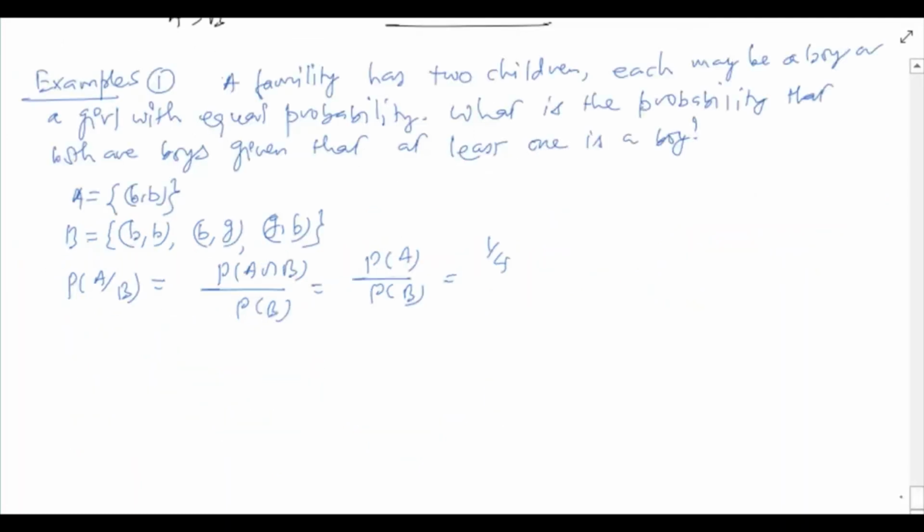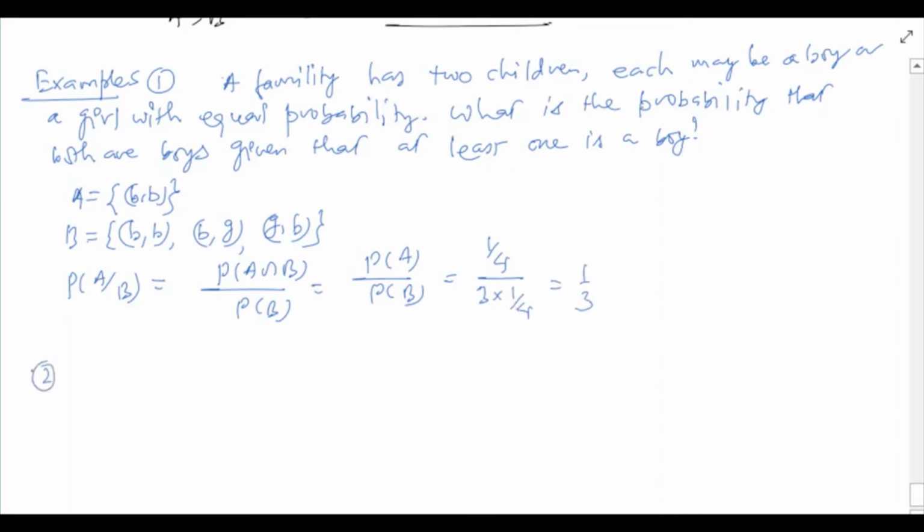Since each one may be boy or a girl with equal probability, that both are boys is half into half, that is 1 by 4. And probability of B is 1 by 4 plus 1 by 4 plus 1 by 4, that is 3 times 1 by 4. So the answer is 1 by 3.